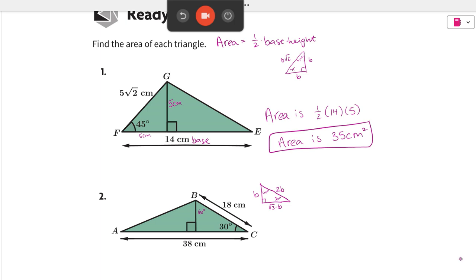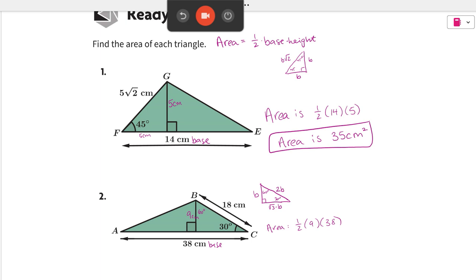So if we know the hypotenuse is 18, that means 30 is across from this height. So our height must be half of 18, or 9 centimeters. So for here, our area is going to be 1/2 times our height, 9, times our base, 38. This is our base, since that's where our height is connected to.